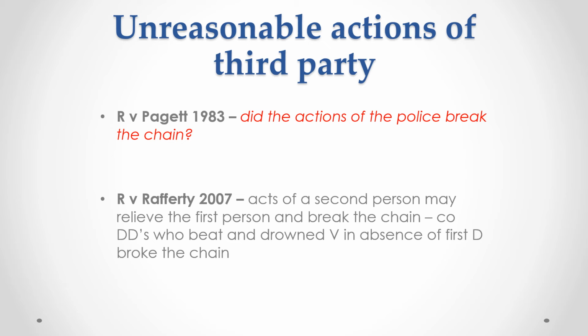The first defendant left and went to apparently withdraw money. The other defendants, unbeknownst to the first, actually carried on beating the victim and drowned him and killed him. And the first defendant was able to successfully argue that the other defendants had caused the death of the victim, and their actions had broken his chain of liability because he'd chosen to remove himself from the situation.